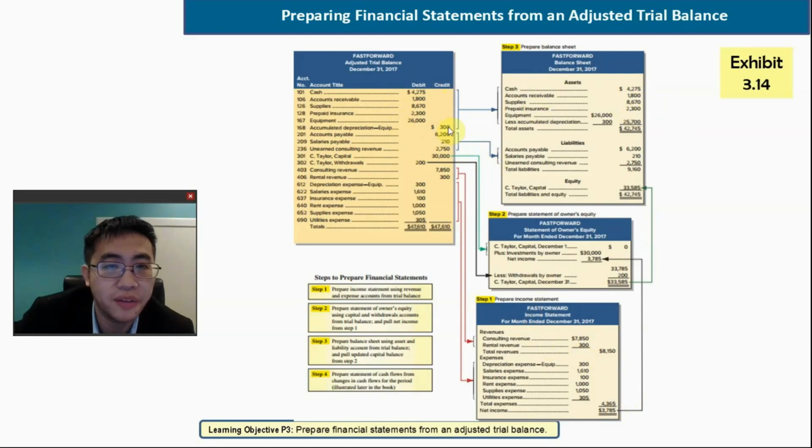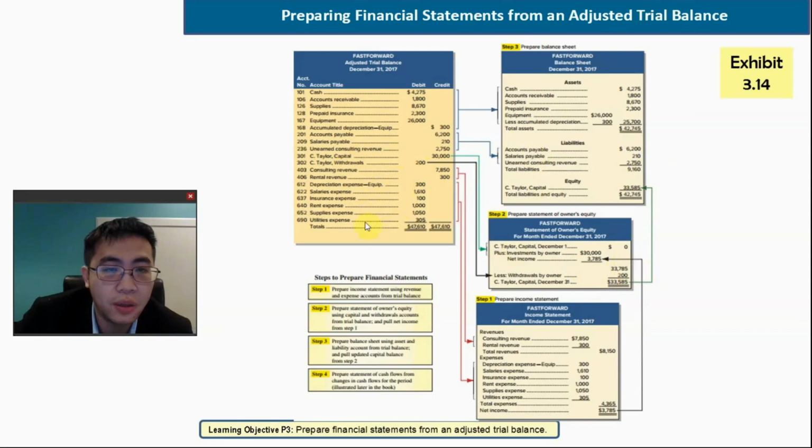And for liabilities, if it's recorded as a credit, we just put it as a positive number here. And for equity, if it's recorded as a credit, we put it as a positive. But if it's a withdrawal, which is a debit, we put it as a negative. So this is a negative 200. We will deduct this 200 from the equity plus net income.